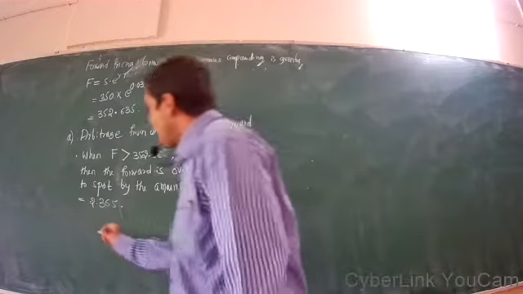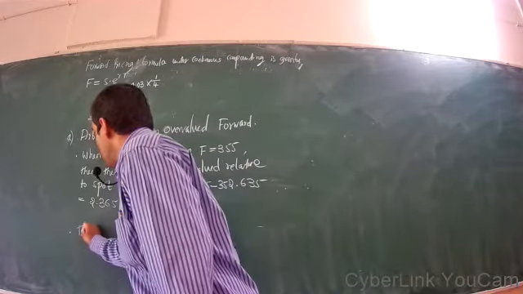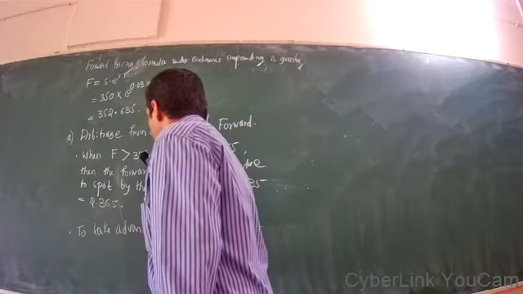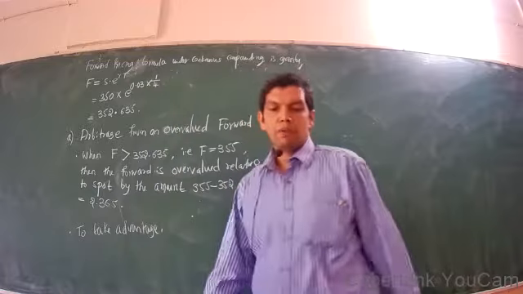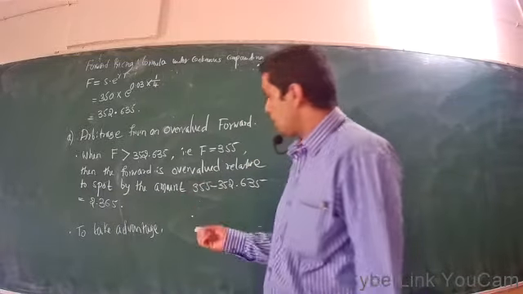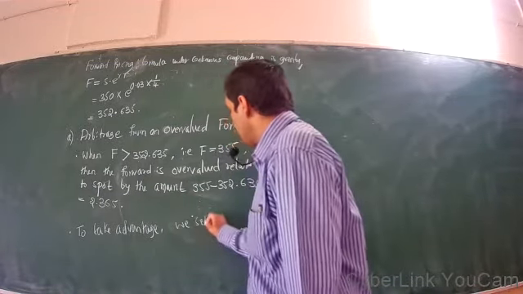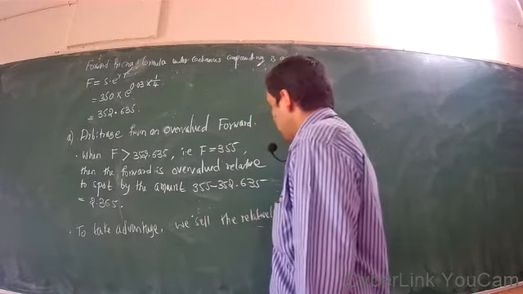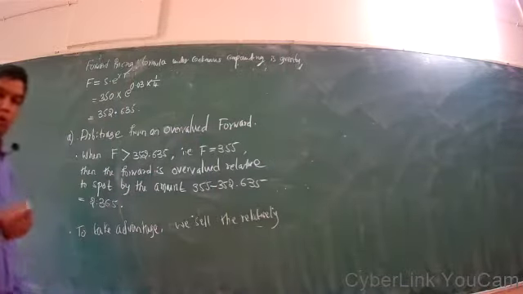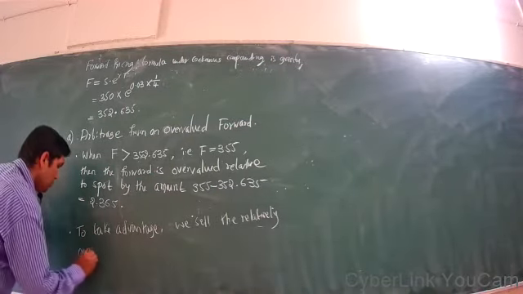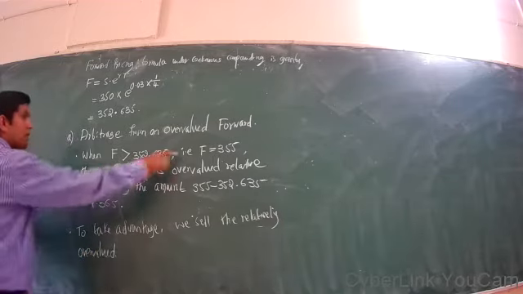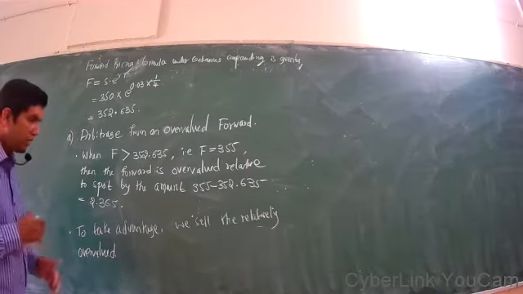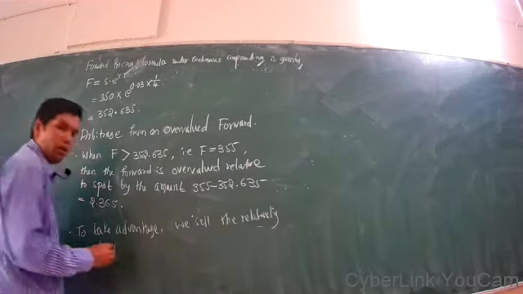So to take advantage, we sell the relatively overvalued contract, because the price is 355.